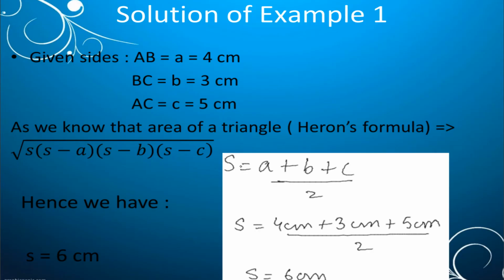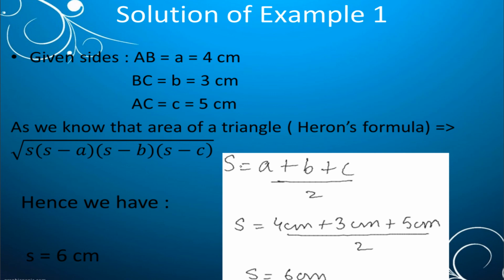Now come to the given data first. AB is 4 centimeters, BC is 3 centimeters, and CA is 5 centimeters. Let us assume that A is equal to 4, B is equal to 3, and C is equal to 5 centimeters. As we know, the area of a triangle by Heron's formula is square root of S into S minus A into S minus B into S minus C. First of all, we have to find the S value.